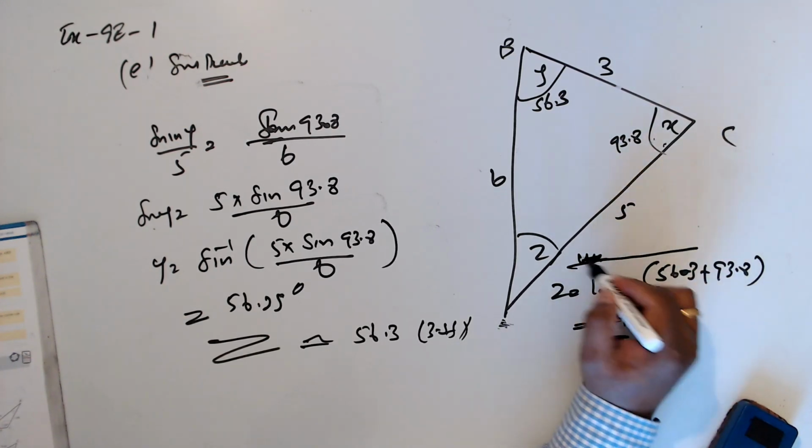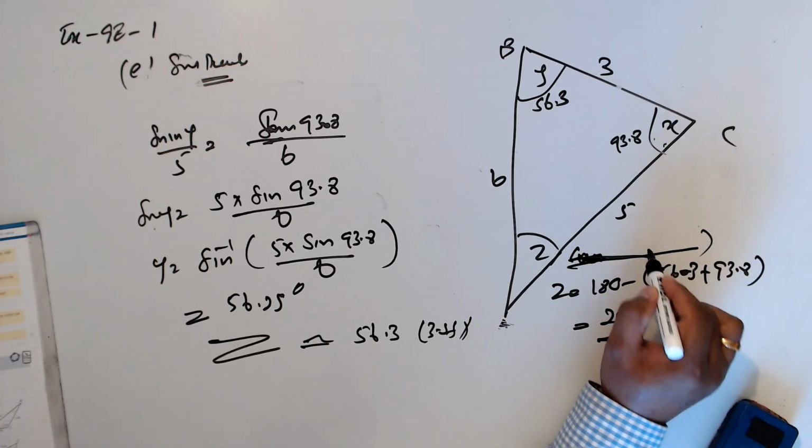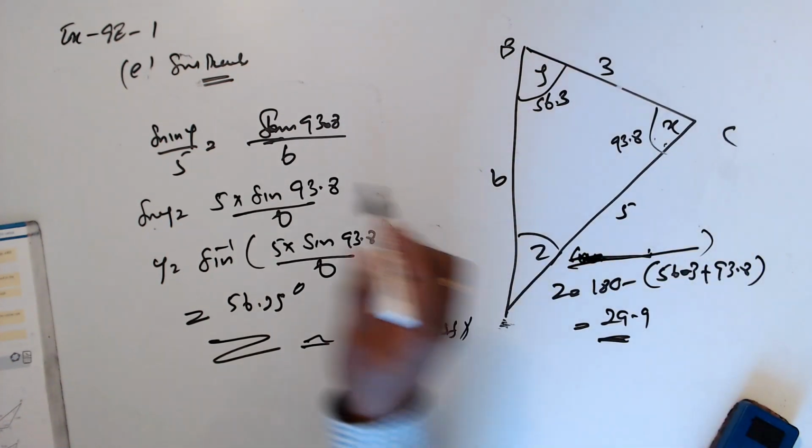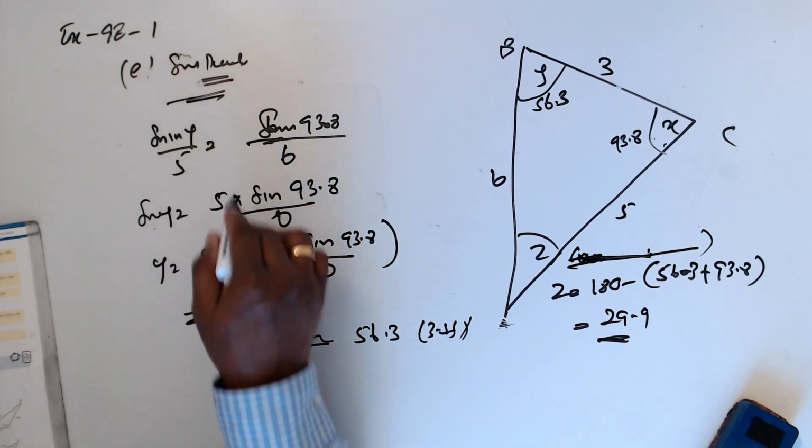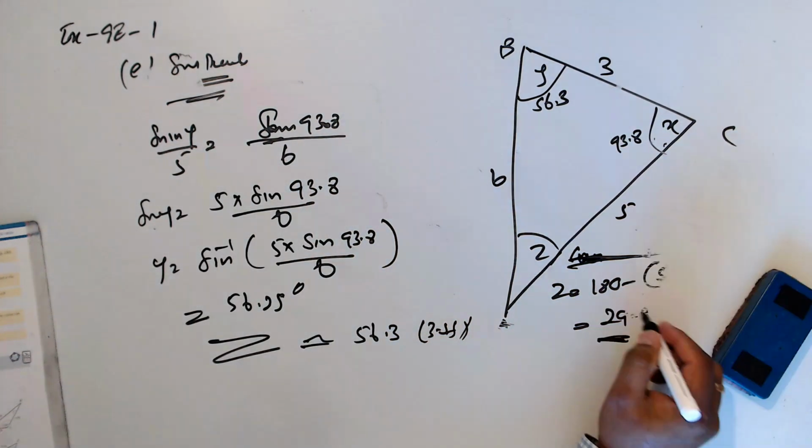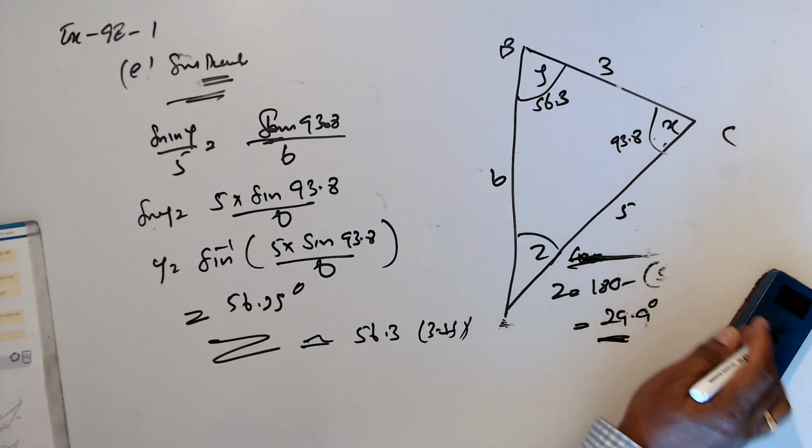You want to write the reason for it: angles in a triangle add up to 180. This is from the sine rule, 9 degrees.